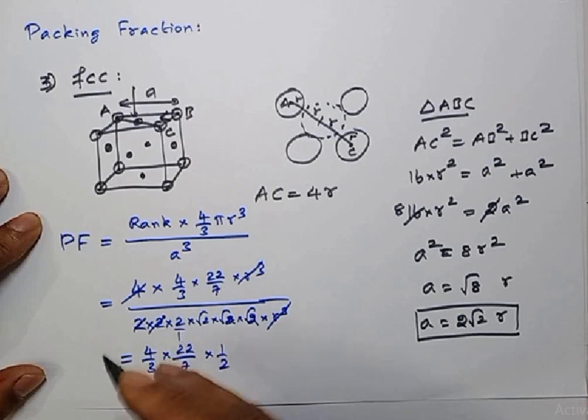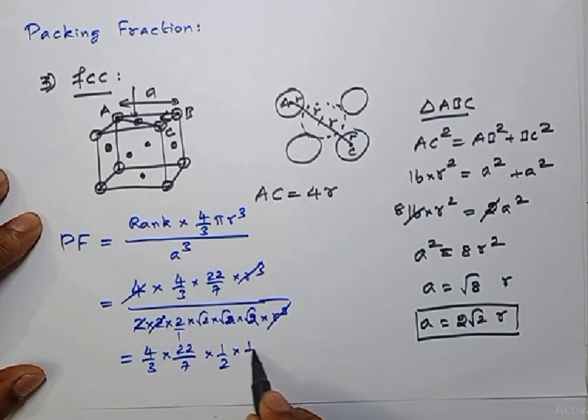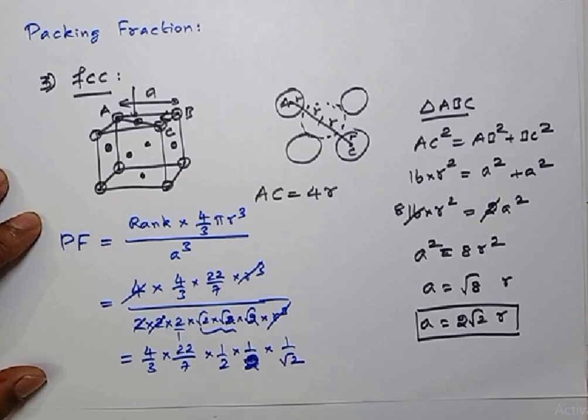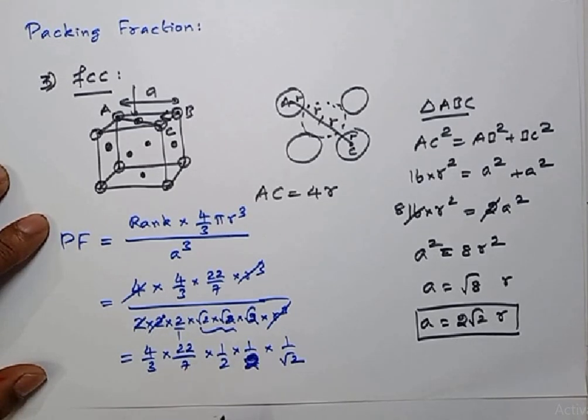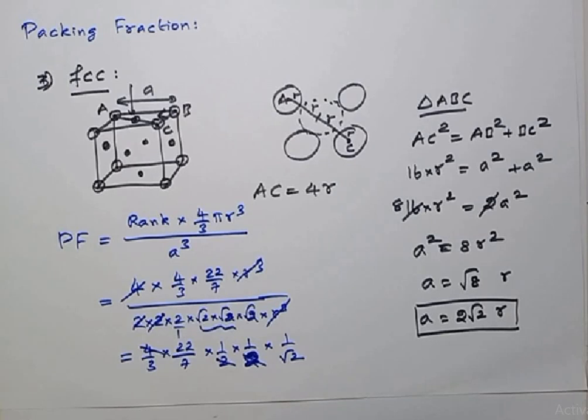Root 2 into root 2 is 2. So I can write directly 1 by 2 into 1 by root 2. Now we need to simplify this. 2 2s are 4, and 4 we can cancel. So what we get is around 0.74.